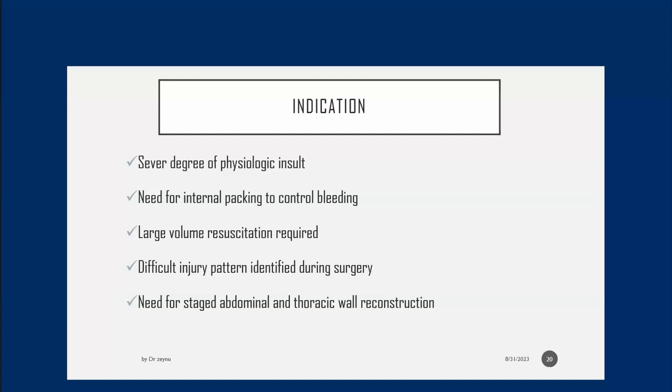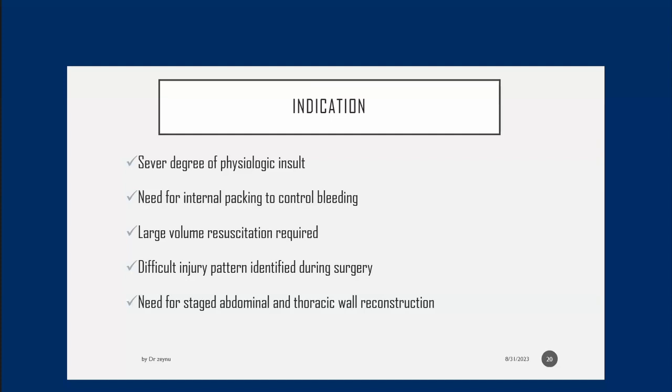Generally, this should be applied to the polytrauma patient, and a severe degree of physiologic insult is defined by acidosis of pH less than 7.2, coagulopathy of INR greater than 1.5, and hypothermia of temperature less than 34.